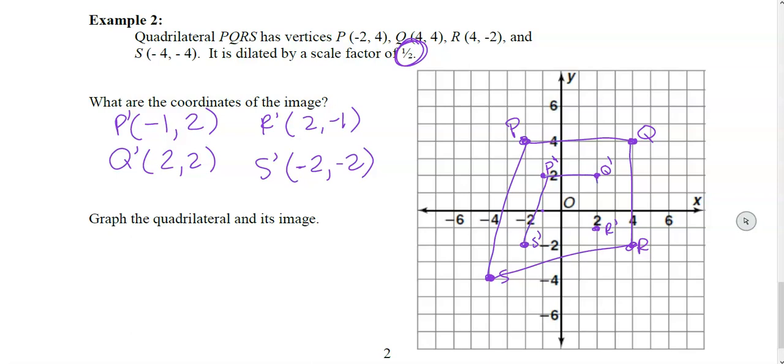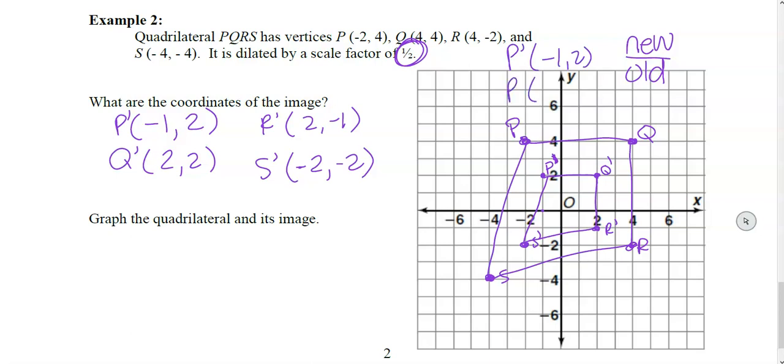So if you see, my image got smaller. Now again, if they give you this on the test, they don't give you the scale factor. They can give you the two images, and you have to figure out the scale factor. Remember, you have to do new over old. Remember, the new one is the one with the prime. Okay, so I will select a new one. So let's say P prime, that is -1 and 2.